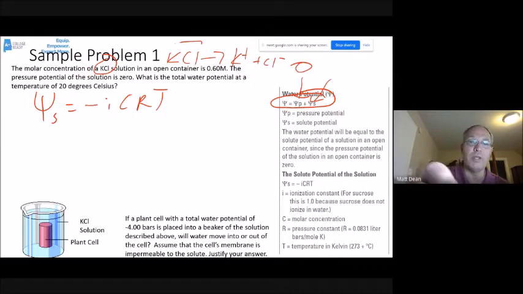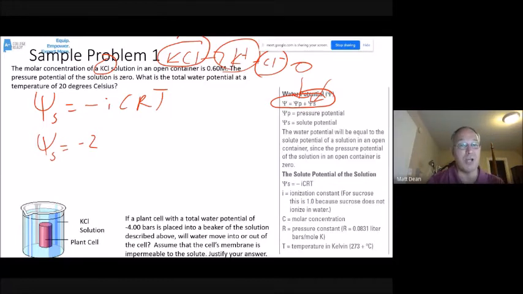So one formula unit of this breaks up into 2 units of ions, which means I equals 2. So negative 2 times the concentration, which is 0.6. That's the molarity. I like to write that big M, molarity, as what it stands for, which is moles per liter. And I'm going to do that so I can show you what happens with the units on this problem.